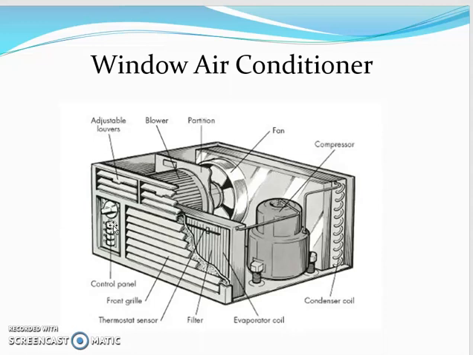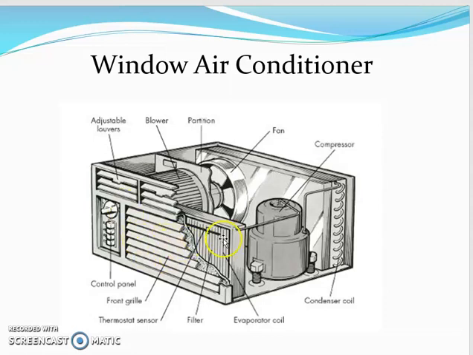Older units generally have mechanical control with rotary knobs to control the temperature and fan speed of the air conditioner, while the latest units come with an electronic control system where the functions are controlled using a remote control and touch panel with digital display. The front panel has adjustable louvers, where the direction of airflow is adjusted to suit the comfort of users.